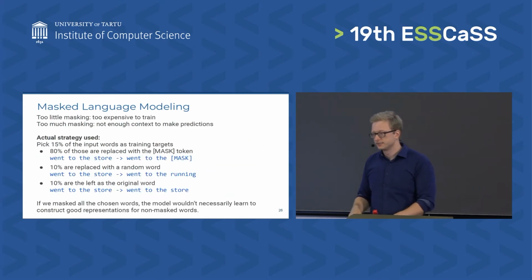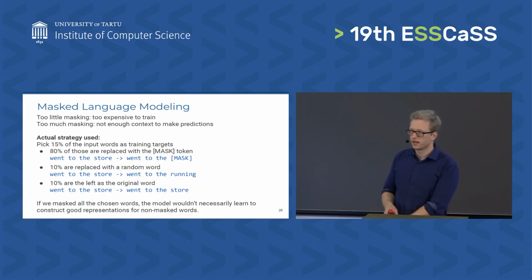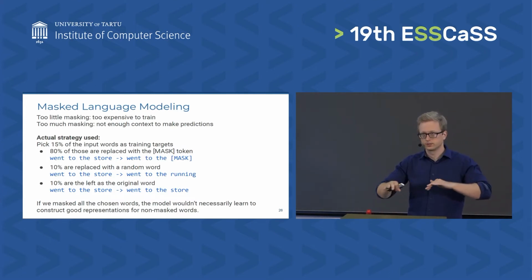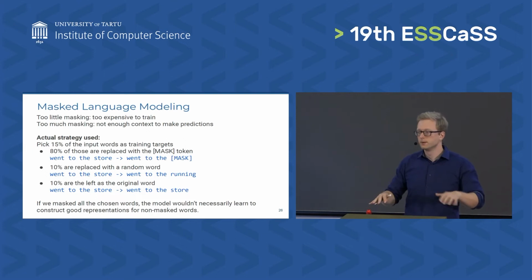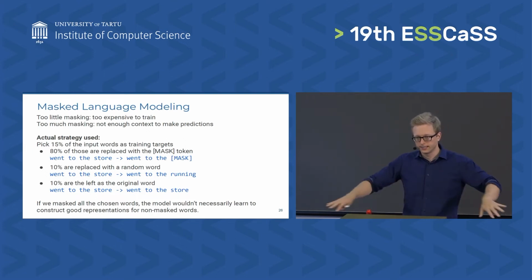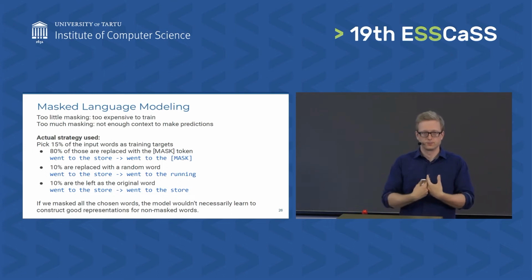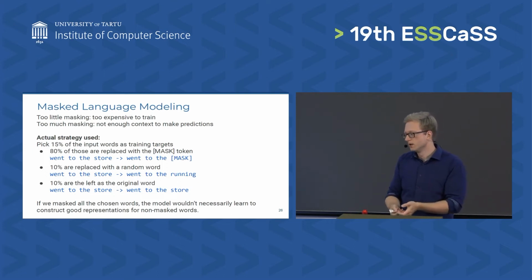In practice, it's a bit more complicated, and it's a fine balancing act in order to get it right. If we do too little masking, then the training is very inefficient and takes a long time. If we do too much masking, then we're hiding the content for our task, and the model doesn't have any information to make predictions based on.